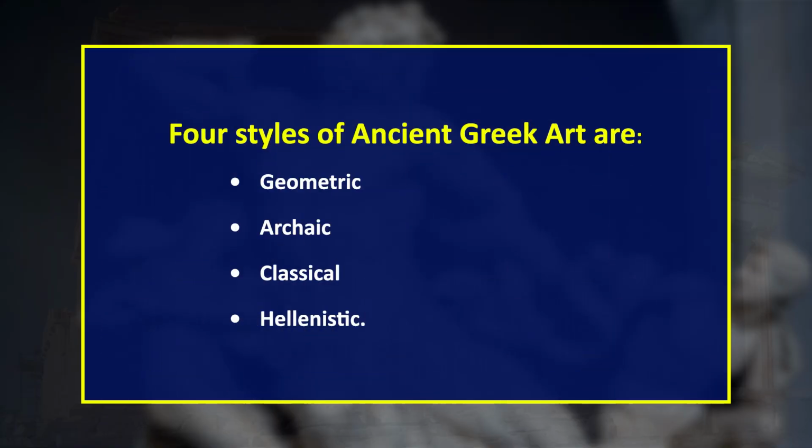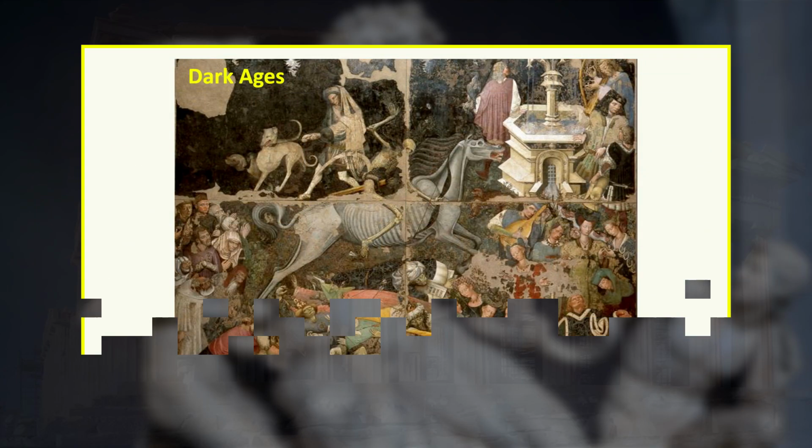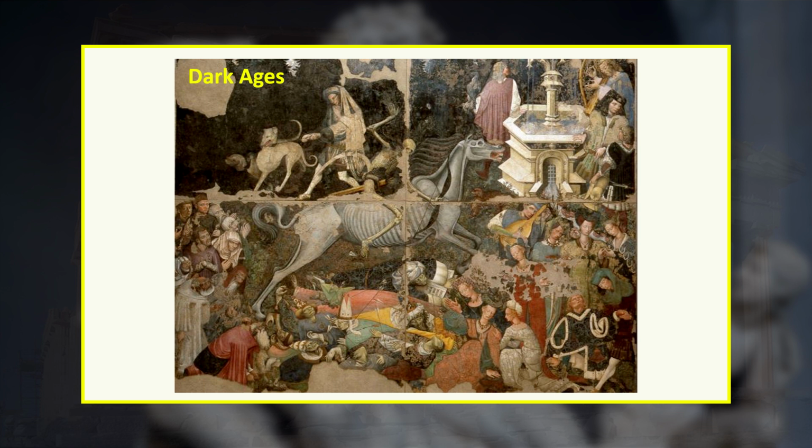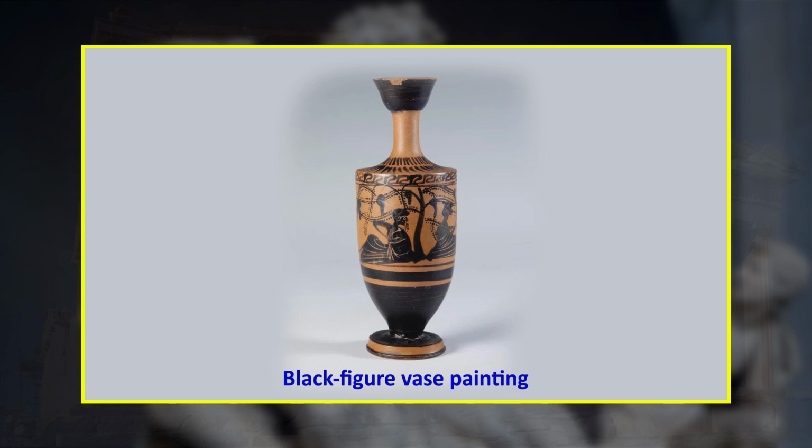The four styles of ancient Greek art are known as geometric, archaic, classical and Hellenistic. The geometric art is commonly dated to approximately 1000 BCE, although little is known about Greek art from the preceding 2 centuries. Black figure vase painting from the 7th century BCE illustrates the slow development of the archaic style.